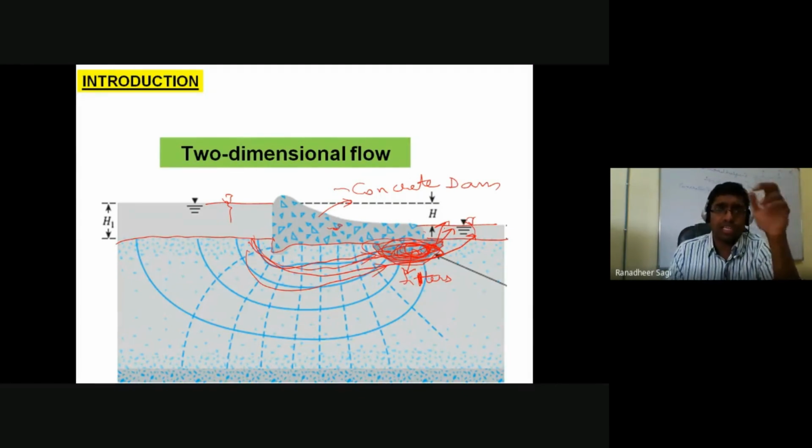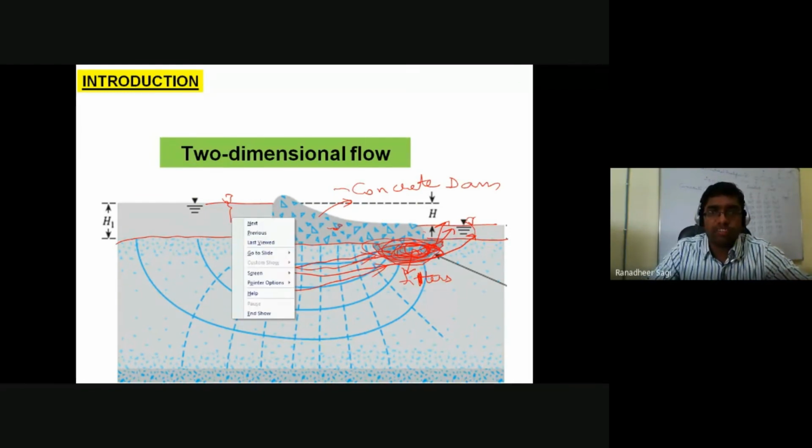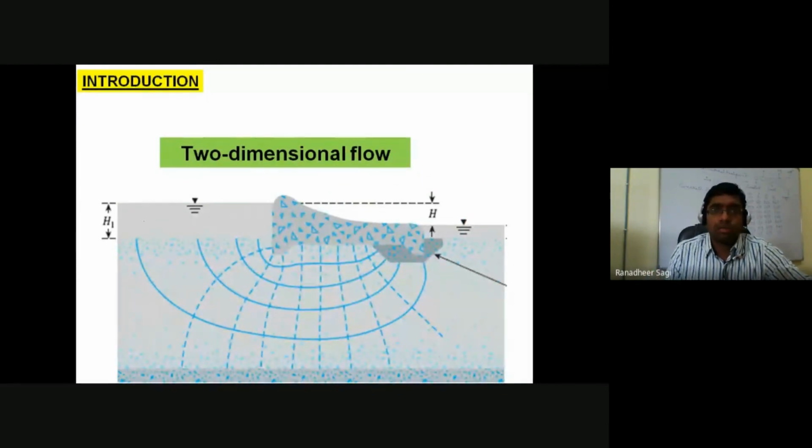Now this combination of lines whatever are shown here is nothing but the graphical representation of what is being shown. So you could see some lines. This is one line, this is another line, this is another line, and these are some set of lines.